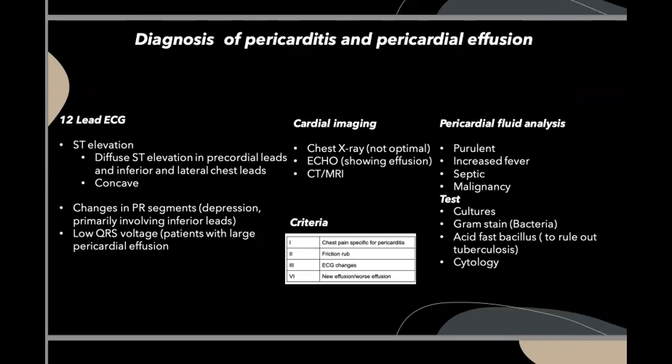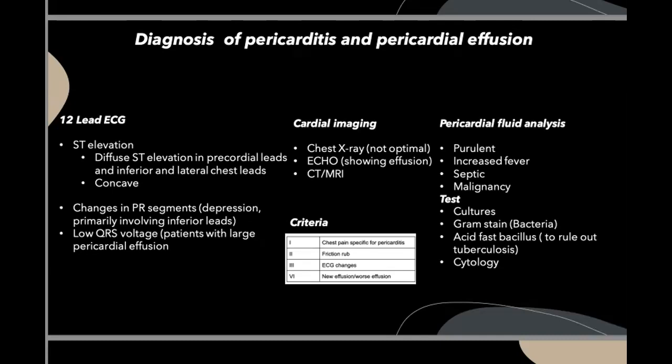There will also be changes in PR segments. It will be depressed, primarily involving inferior leads, and we will have a low QRS voltage in patients with large pericardial effusion.